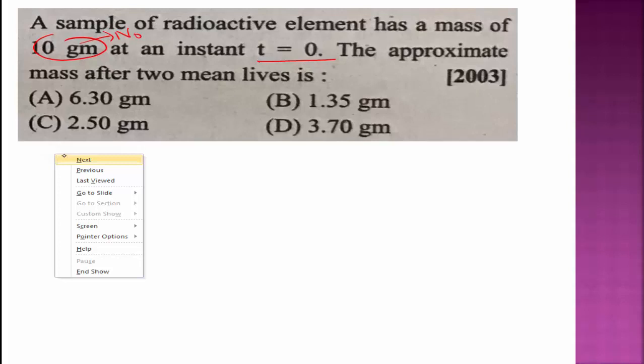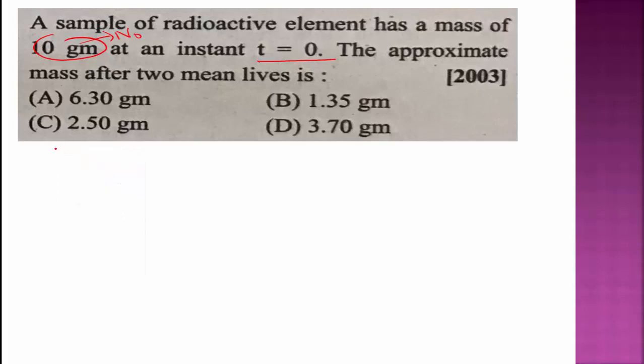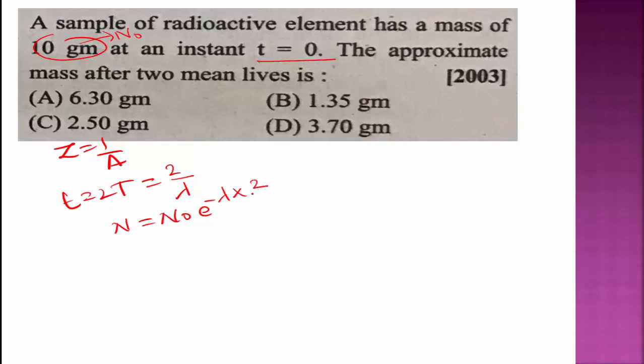After 2 mean lives, small t is equal to 2 × capital T, that is 2 divided by lambda, because T is equal to 1 by lambda. We know the formula N is equal to N naught e to the power of minus lambda t, where t is 2 divided by lambda.